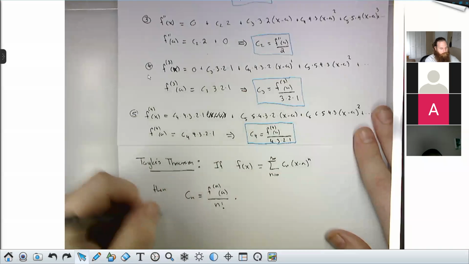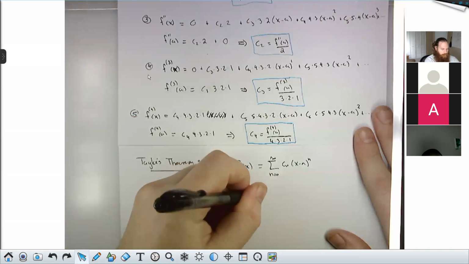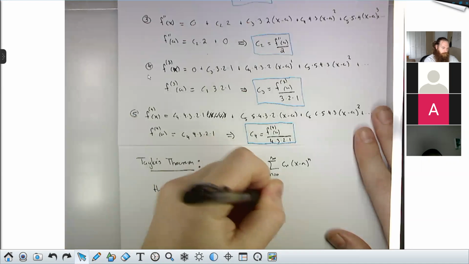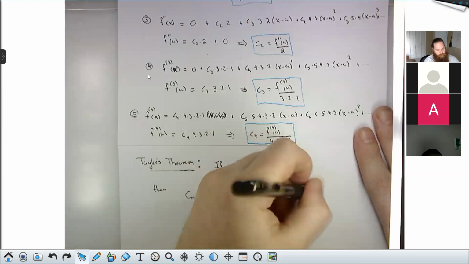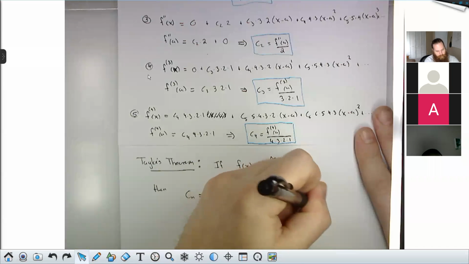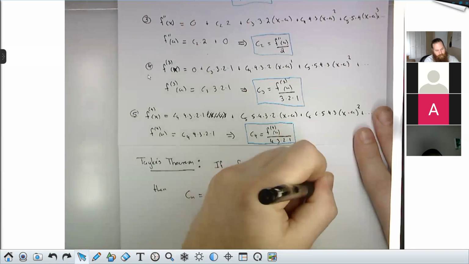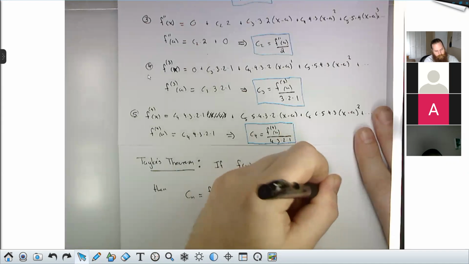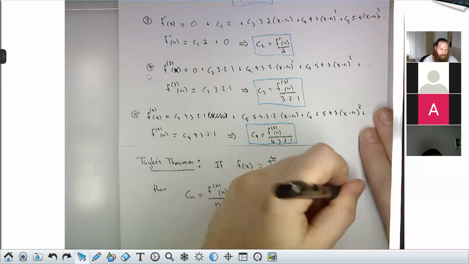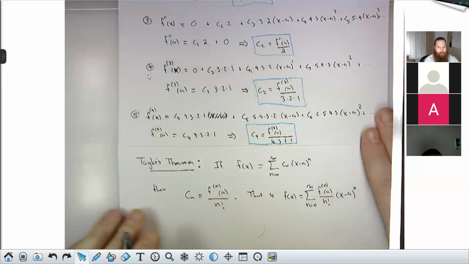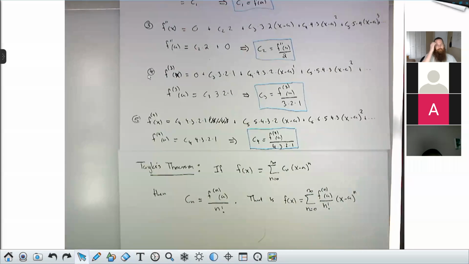In other words, you can write any function as the sum over n from 0 to infinity of fn of a over n factorial times (x minus a) to the n. That's it.